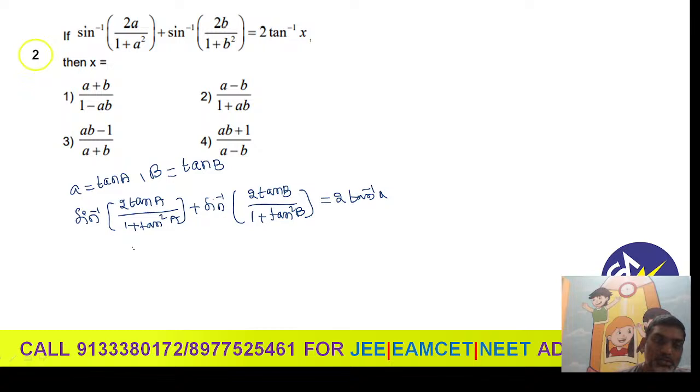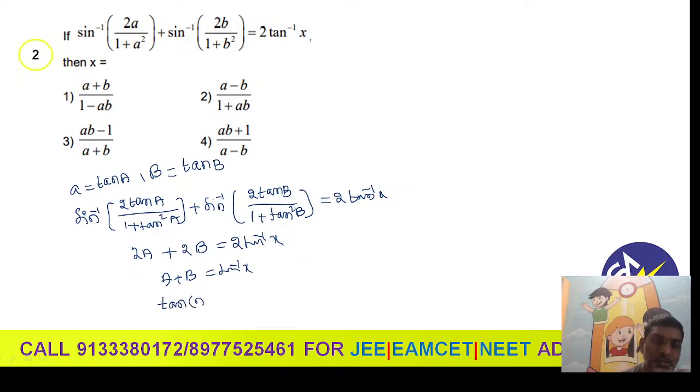So this is 2a, and here it is 2b, which is equal to 2 times tan inverse of x. So we are getting a plus b is equal to tan inverse of x.